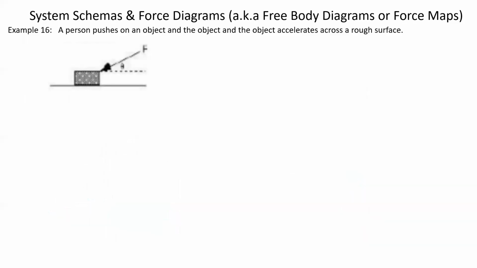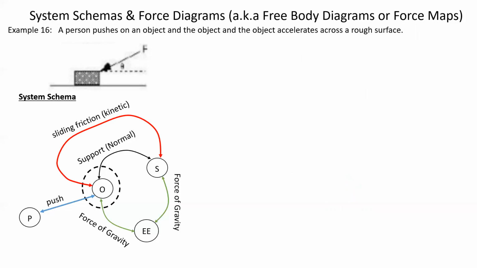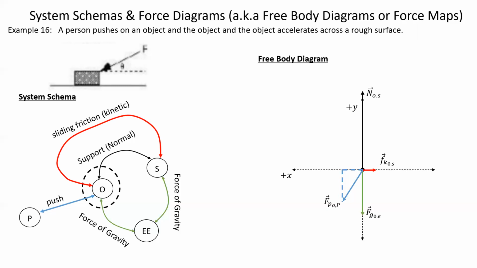A person pushes on an object and the object accelerates across a rough surface. So in this case, we do have friction. It's kinetic friction because it's a rough surface. So we have 4 forces. And if you look at this carefully, it's not balanced.